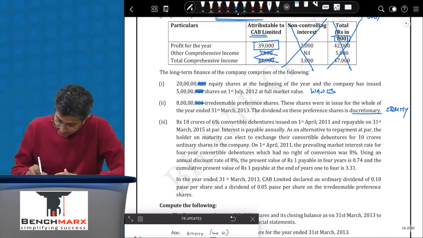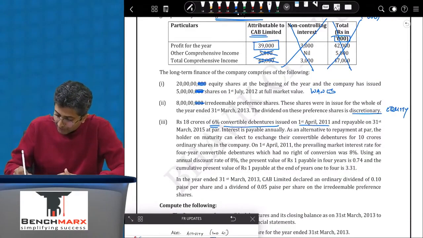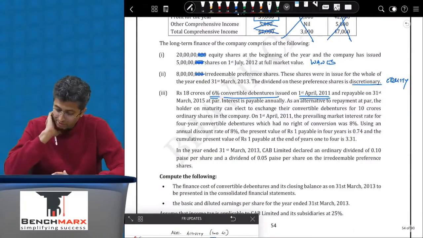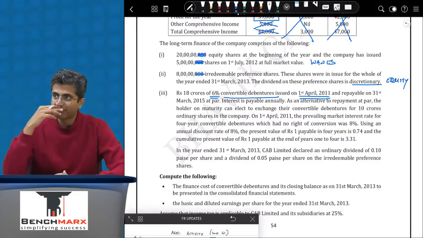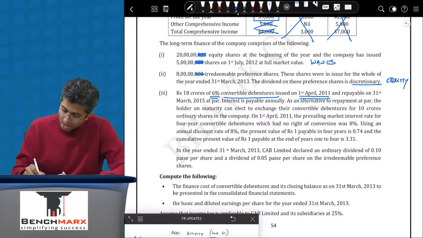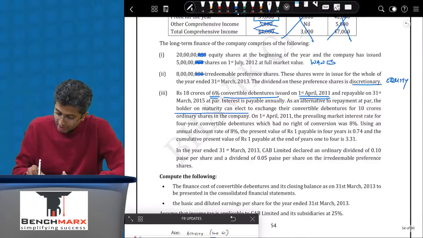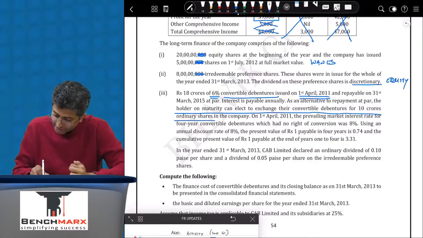18 crore rupees of 6% convertible debentures. Convertible debentures, they are potential equity shares, issued on 1st of April 2011 and repayable on 31st March 15 at par. Okay. Interest is payable annually. As an alternative to repayment at par, the holder on maturity can elect to exchange the convertible debentures for 10 crores ordinary shares in the company.